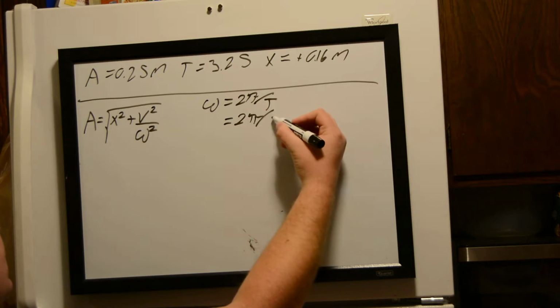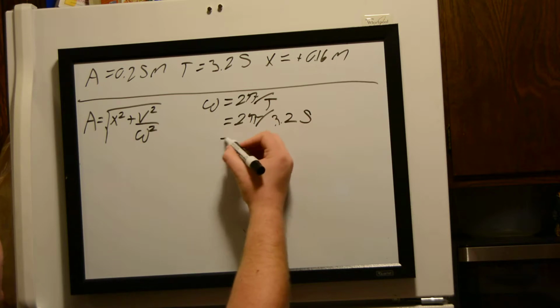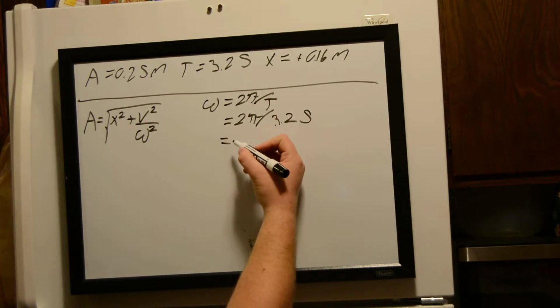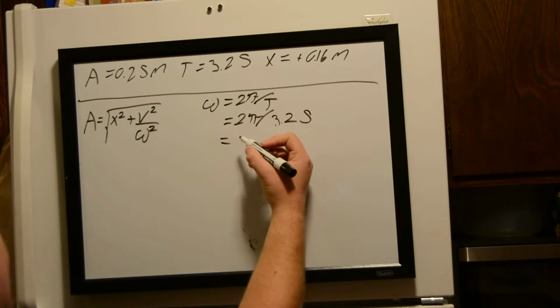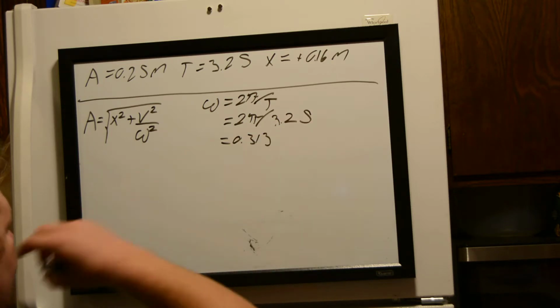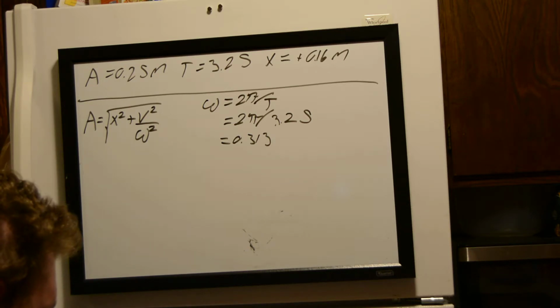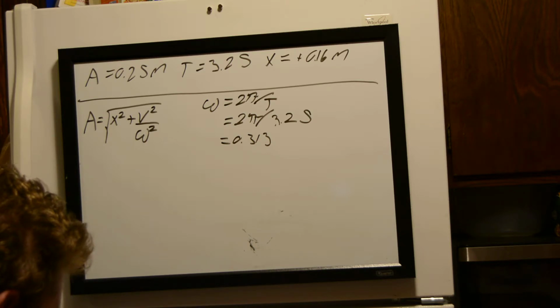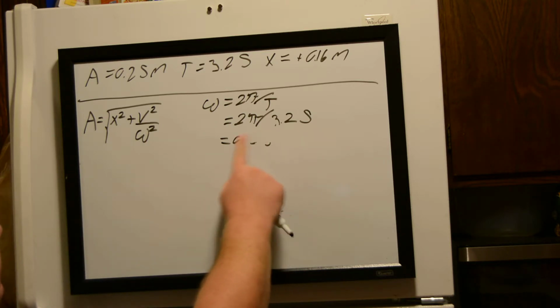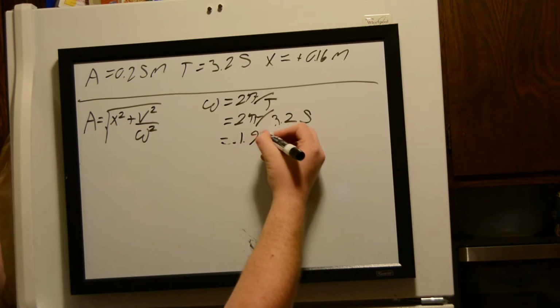That's going to be 2 pi over 3.2 seconds, and that is 0.313. Alright, so that's our angular velocity there. Oh wait, I lied. My bad. So that is 1.96. That makes much more sense.